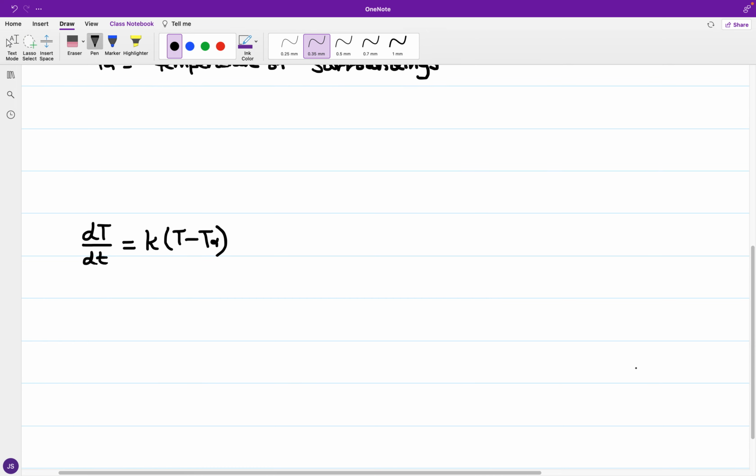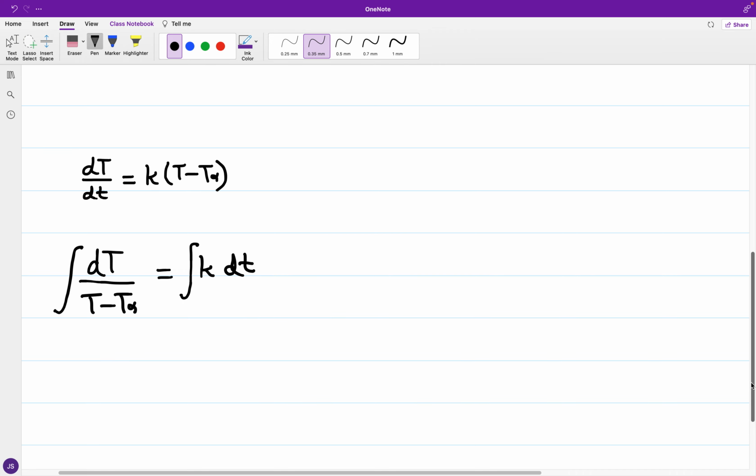Upon separating, you have dT over T minus T sub alpha is equal to k dt.